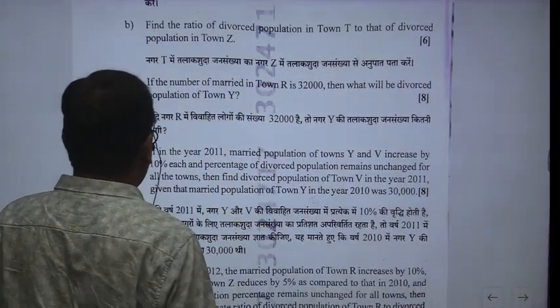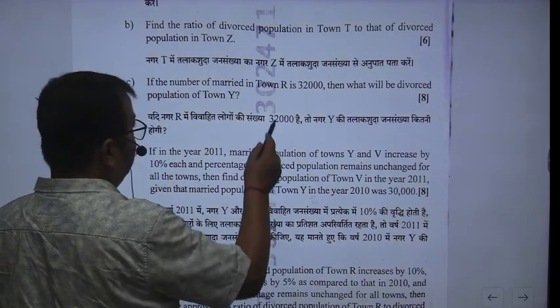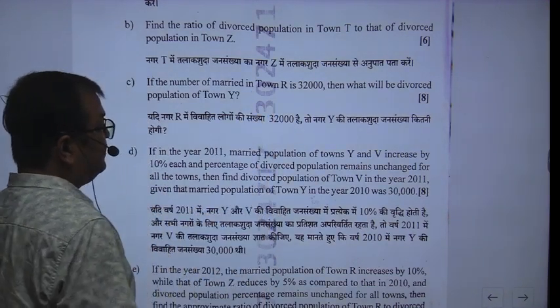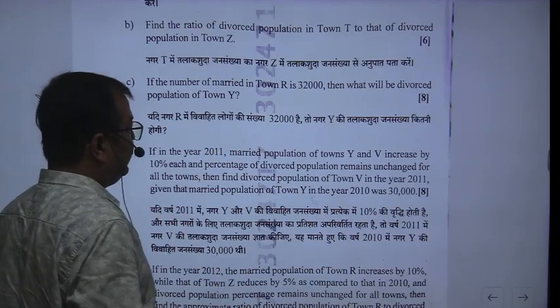Third, if the number of married in town R is 32,000, then what will be the divorced population of town Y?